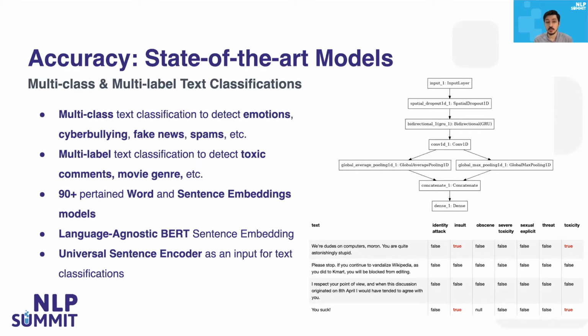On the other hand, multi-label text classification is used to detect toxic comments or movie genres or any other real-world problem where each document requires more than one label or class. Our classifiers in Spark NLP can use over 90 pre-trained word and sentence embeddings, including state-of-the-art language-agnostic BERT sentence embeddings and Universal Sentence Encoder, which score very high in STS benchmarks.